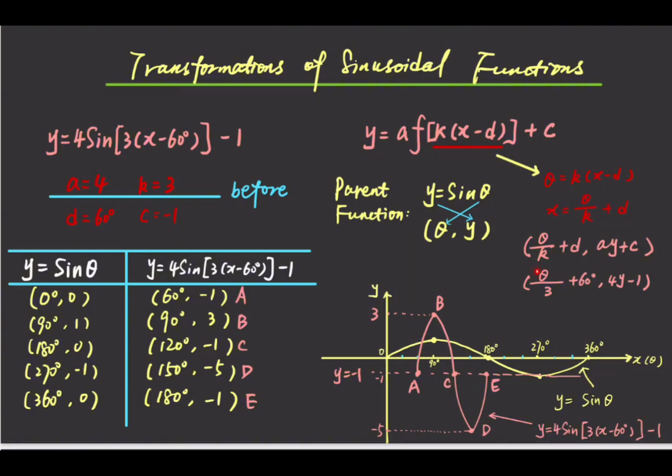That is, this point should be the point on this transformed function. Here you know theta is this theta, y is this y, but on the original function, the point should be represented by these coordinates, (theta, y). On the transformed function, every point, its coordinate should be represented by this x coordinate and y coordinate.